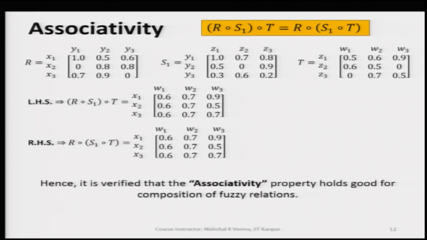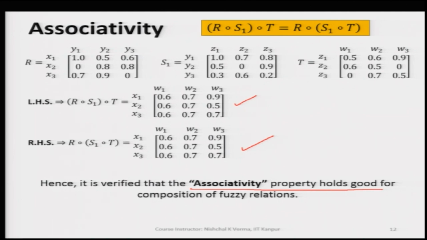So, when we write LHS here and RHS here, we see that both the fuzzy relation matrices are the same, are equal. So, we can say that the associativity property holds good for the composition of fuzzy relations.